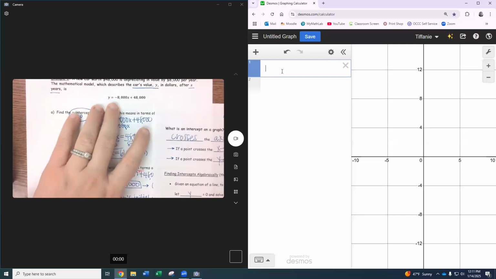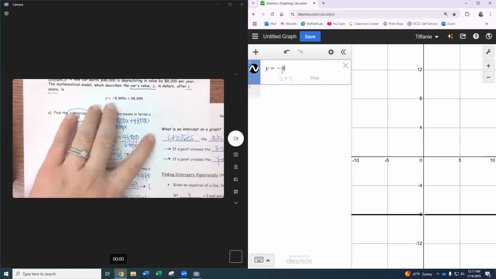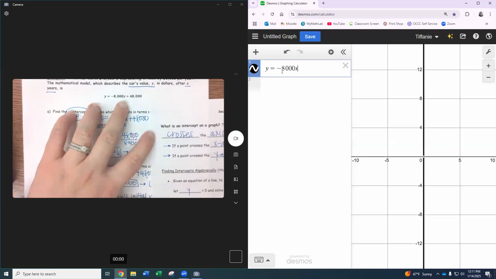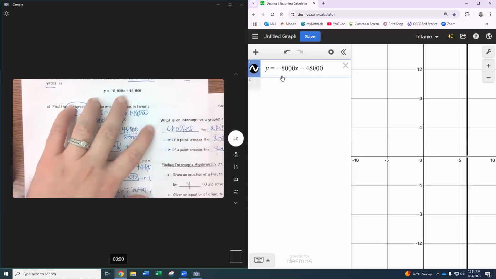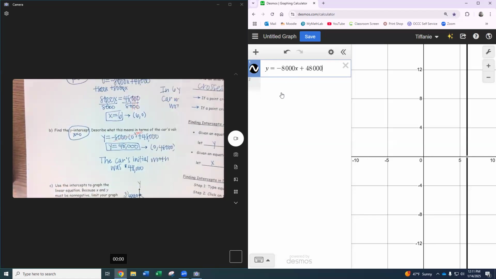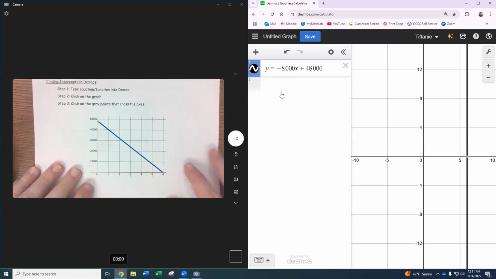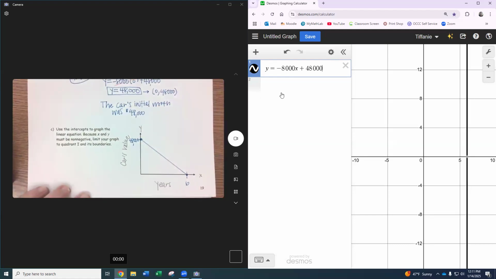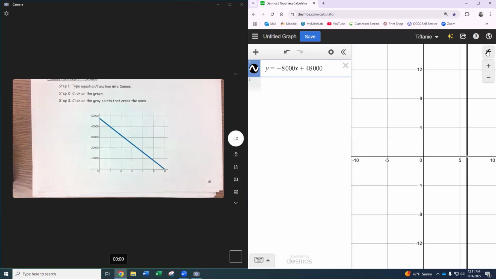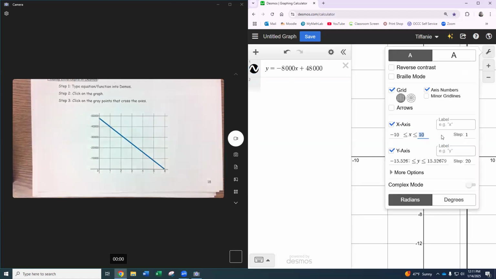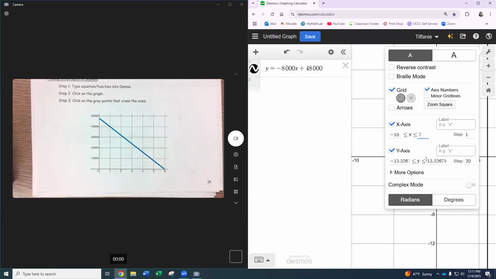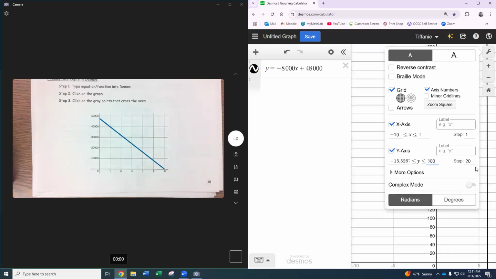So it was y equals negative 8,000x plus 48,000. Because we've already graphed this and found those intercepts, I know what I need my window to be. We just need 6 years, and let's maybe go a little bit past it, so let's go to 7. And we're at 48,000, so let's go to 50.